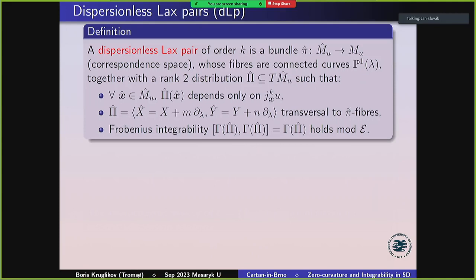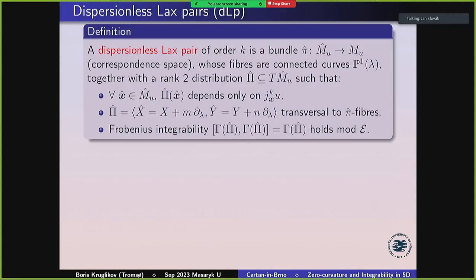Which means that I have some x and y which are not quite vector fields in here, because they're actually sections of the tangent bundle of M pulled back in here. In other words, they can depend on lambda. Those are lambda-dependent vector fields, where lambda is actually the coordinate on this P1. Plus something to lift.